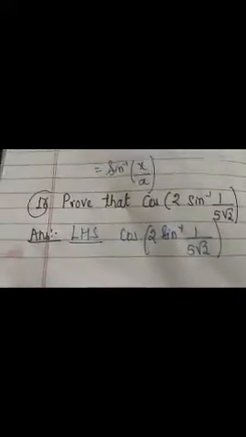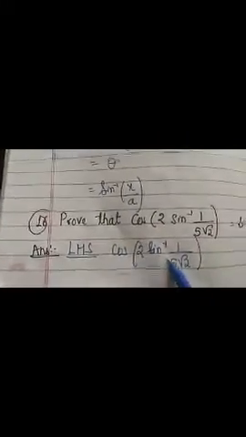So let's see how to do it. Now always remember, cos 2 theta is 2 cos square theta minus 1, right? So we have cos 2 theta here. Please observe, cos 2 theta is nothing but 2 cos square theta minus 1, right?